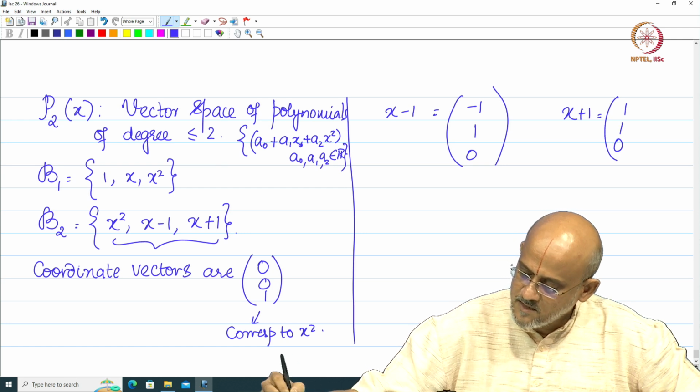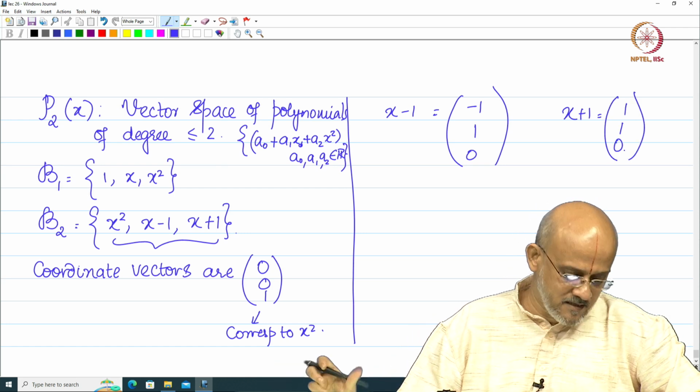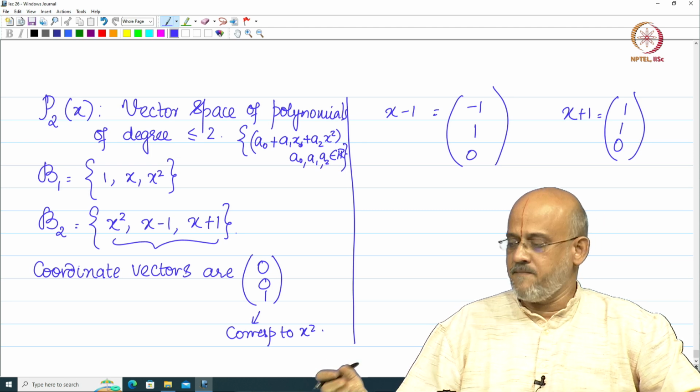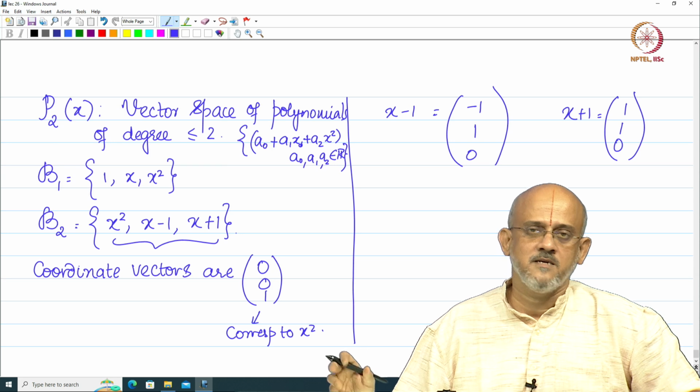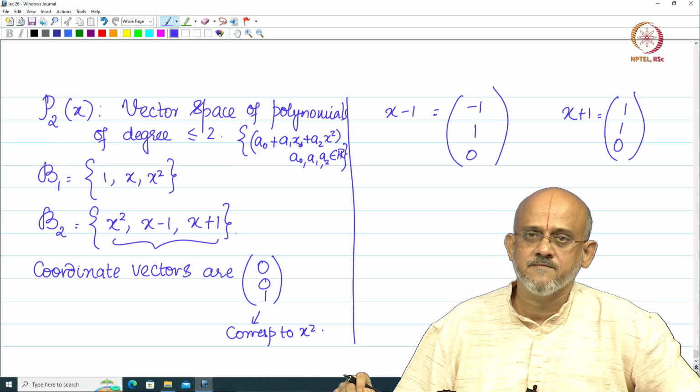Now you can put all these three in a matrix and check whether it is a basis by looking at the homogeneous system of equations and checking whether we get only the trivial solution, right.